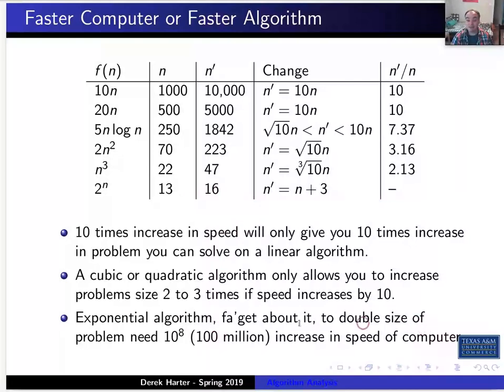And if you work that out, if I want to double the size of my problem, so if I want to go from a problem size of 13 to 26, I don't need a computer that's 10 times faster or 100 times faster. I need a computer that's approximately 10 to the 8 times faster. 100 million, if you work that out.